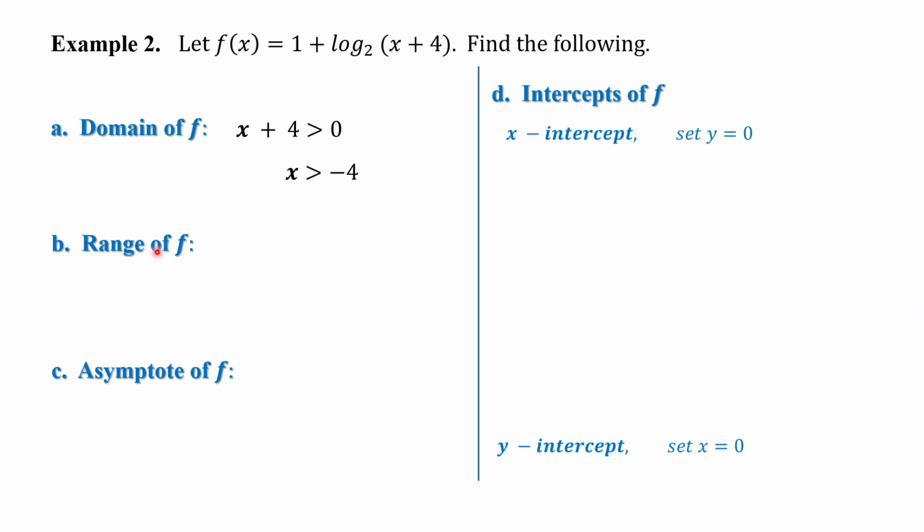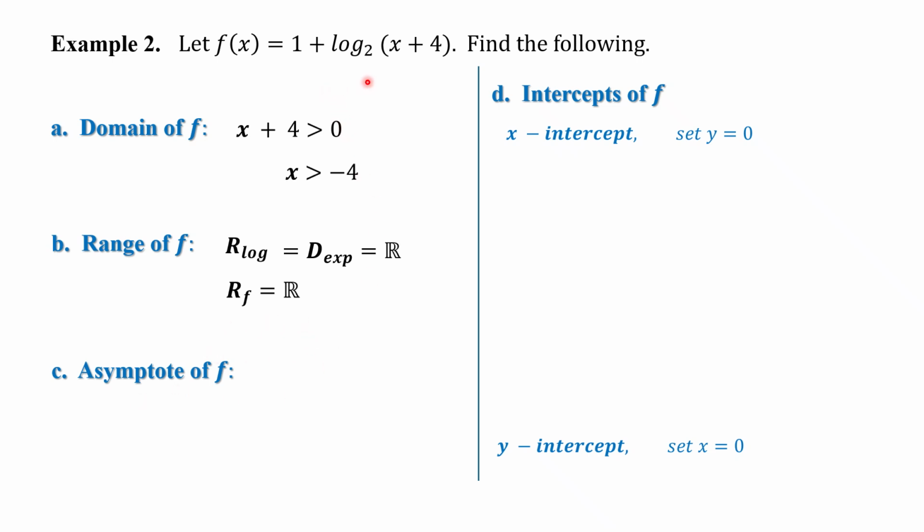Then for the range, since the function is a logarithmic function, we can relate the range of log as the domain of exponential. Since we know that the domain of exponential is all real numbers, it means the range of this log function is equal to all real numbers. Next is the asymptote.